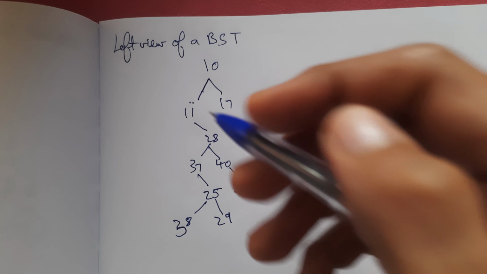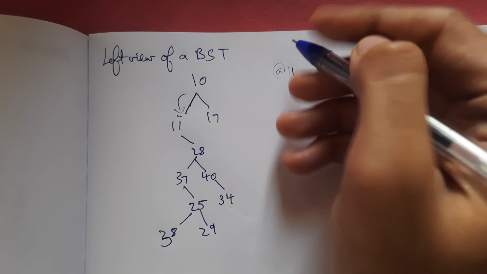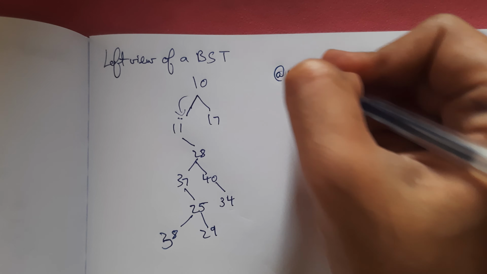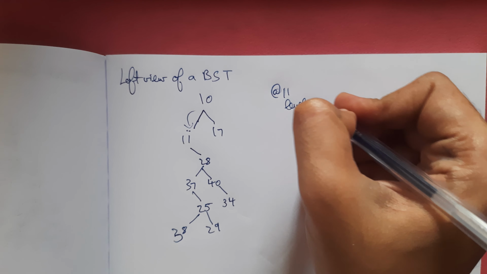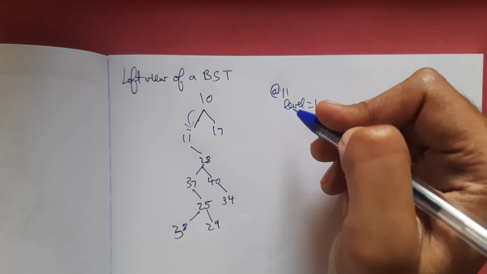We now go to the next node, which is node 11, using the recursion, and we pass the value of level as 1. So at 11, the value of level is equal to 1. We have to remember one thing here: this is a call by value.